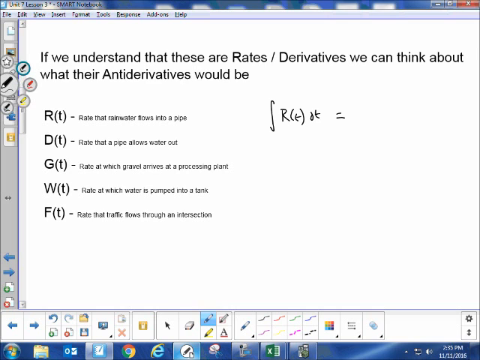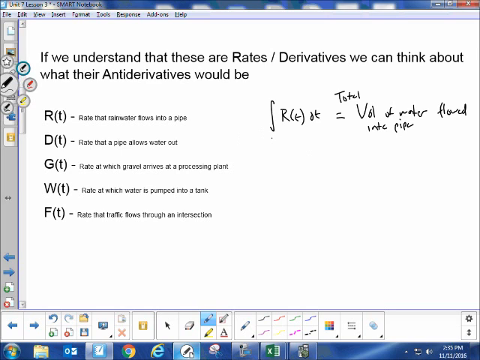So if you think about it, it would be some function that would give the total amount of rainwater that has flowed into the pipe. Right?